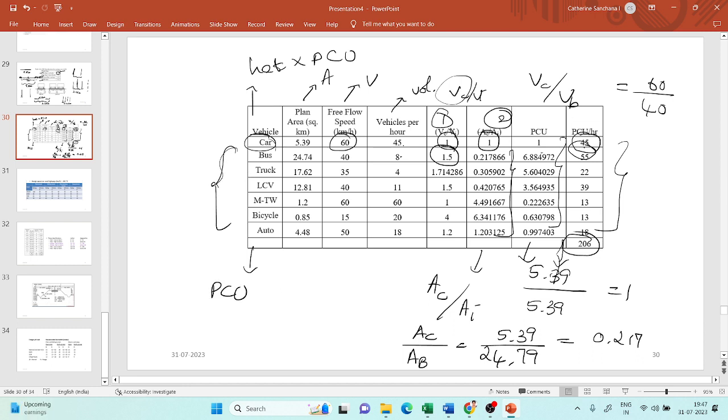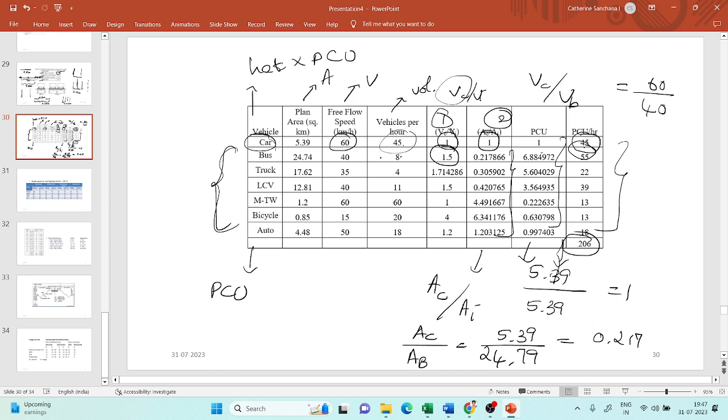Here it was heterogeneous traffic, and you can say so many vehicles per hour, but it has to be classified accordingly: 45 cars per hour, 8 buses per hour, 4 trucks per hour. So that has to be in vehicles per hour.